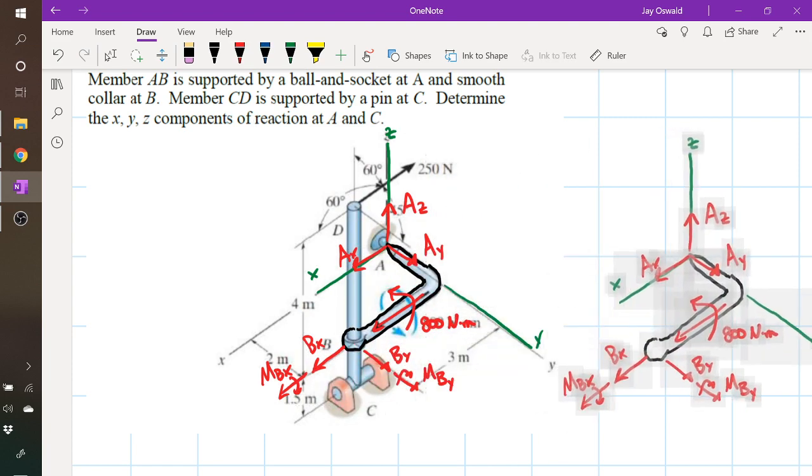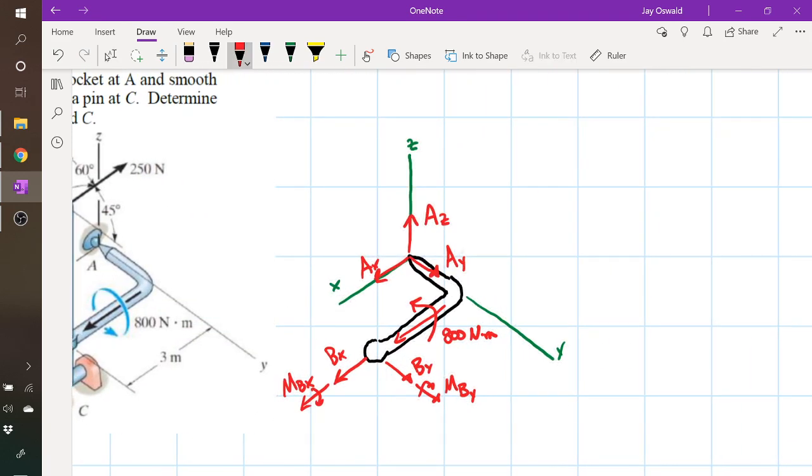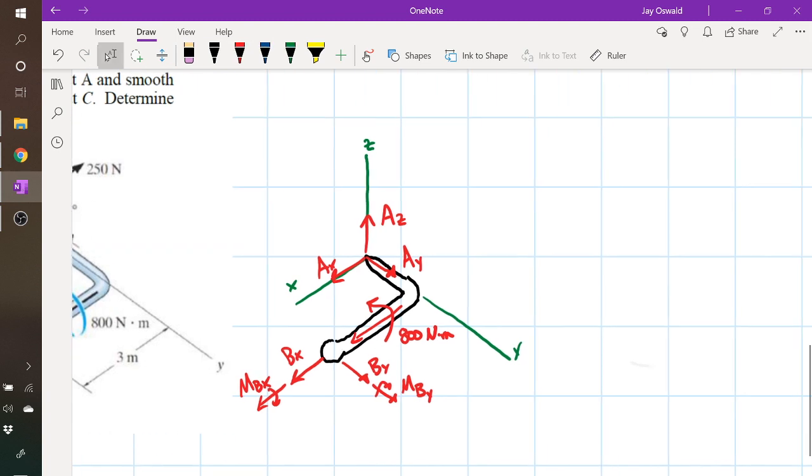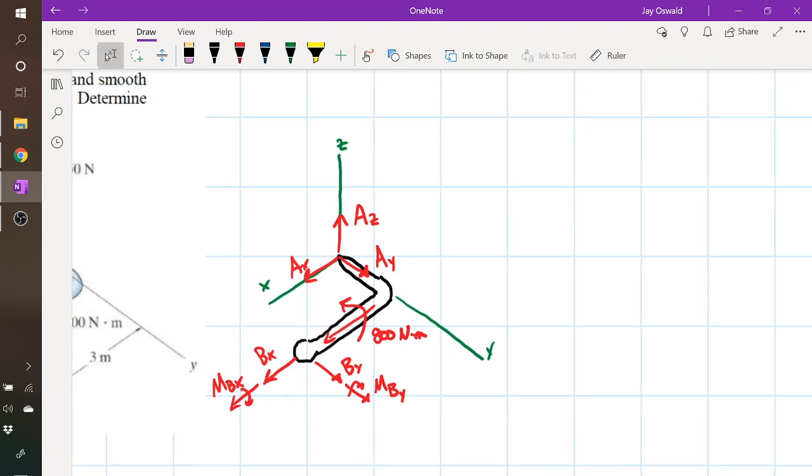All right, good enough. All right, any low-hanging fruit here? Actually, I think I might have done something. A moment about X. Are you sure? There's an MBX. Yeah, MBX is equal to 800. What about AZ?